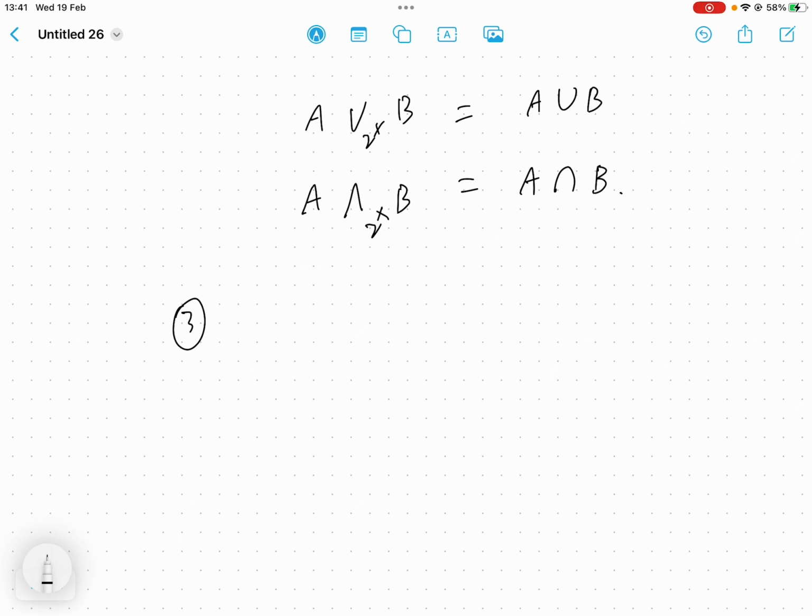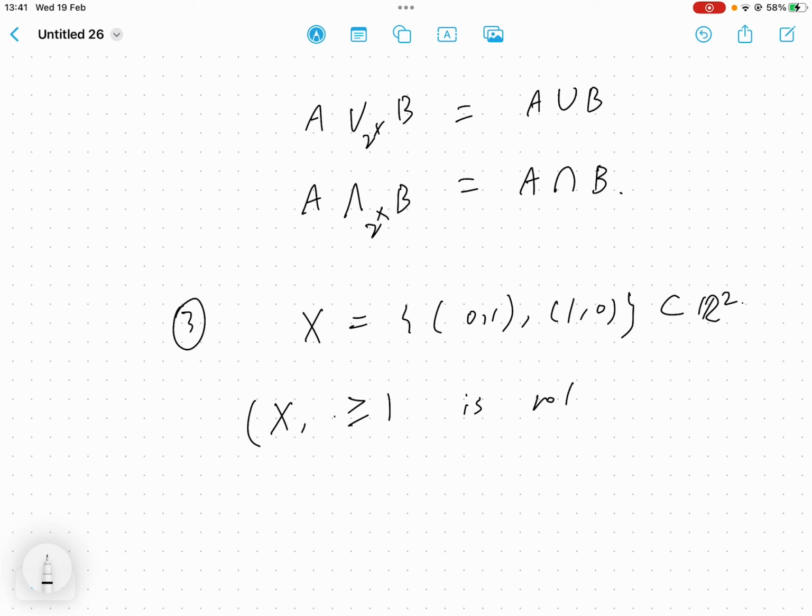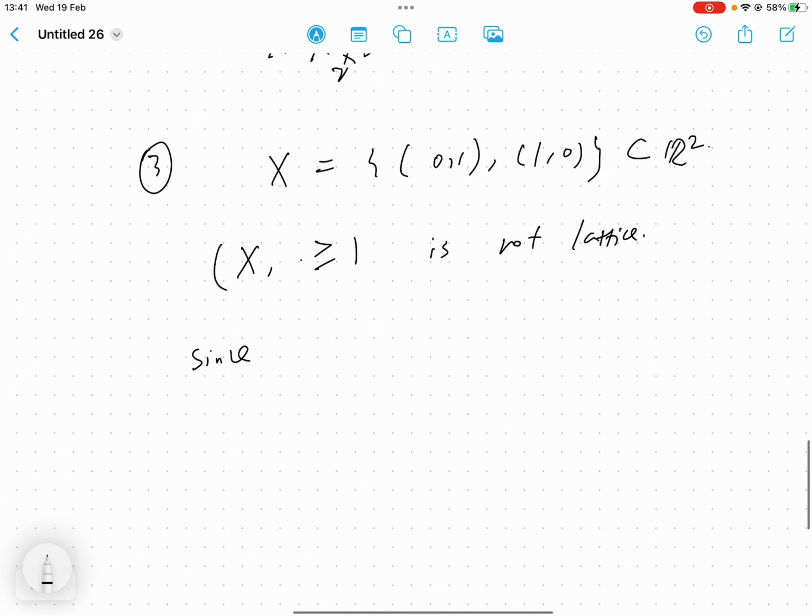So let's say X consists of (0, 1) and (1, 0) in R2, with the greater than or equal sign. This is not a lattice, because either the sup or the inf is not inside of this X. It's not contained in X.